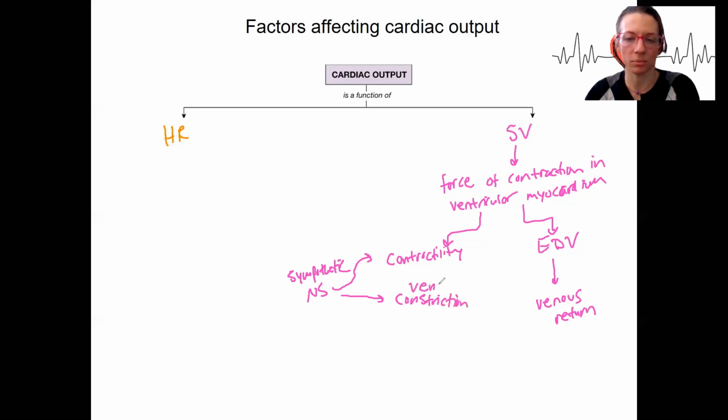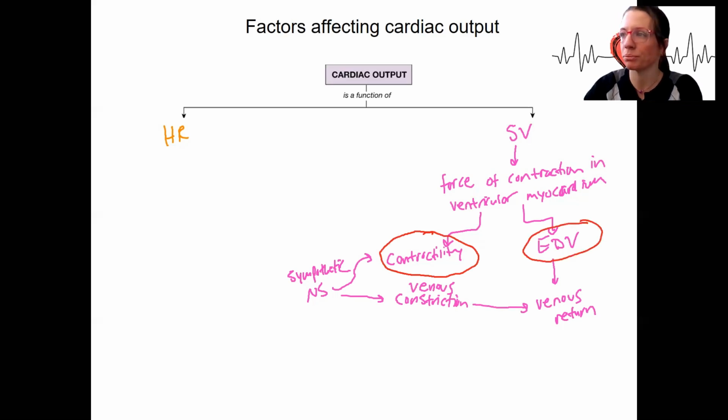Venous constriction. So the two things we'll be looking at is regulation of contractility and regulation of end diastolic volume that both regulate stroke volume.